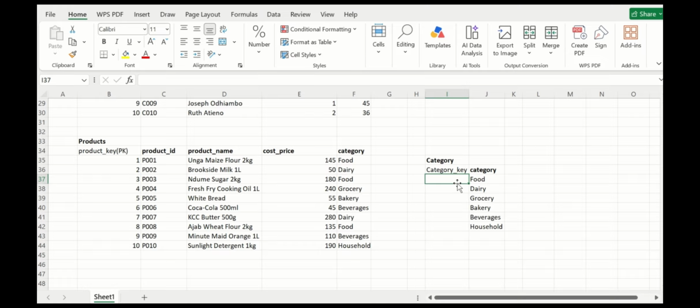So food is represented by 1, dairy represented by 2, grocery represented by 3, bakery represented by 4, beverage 5, and household also 6.